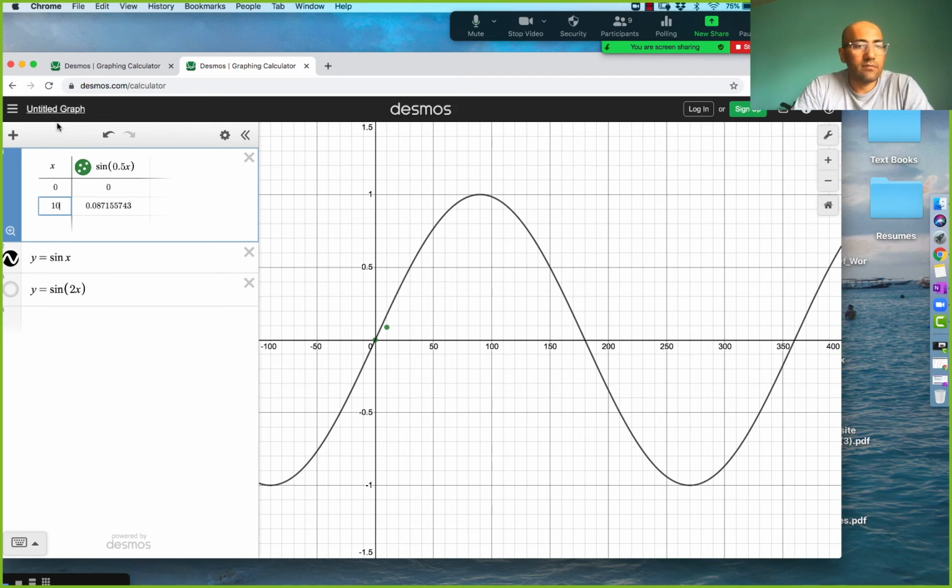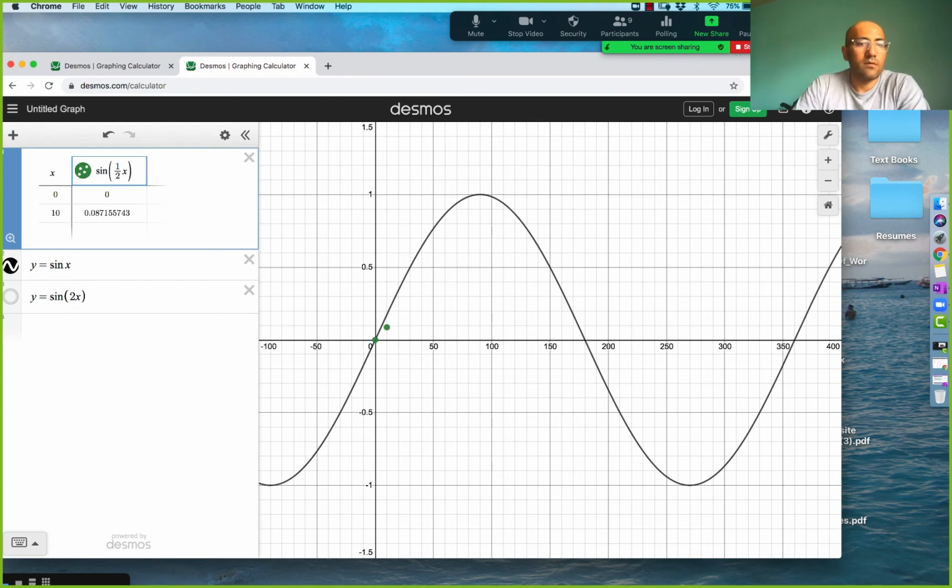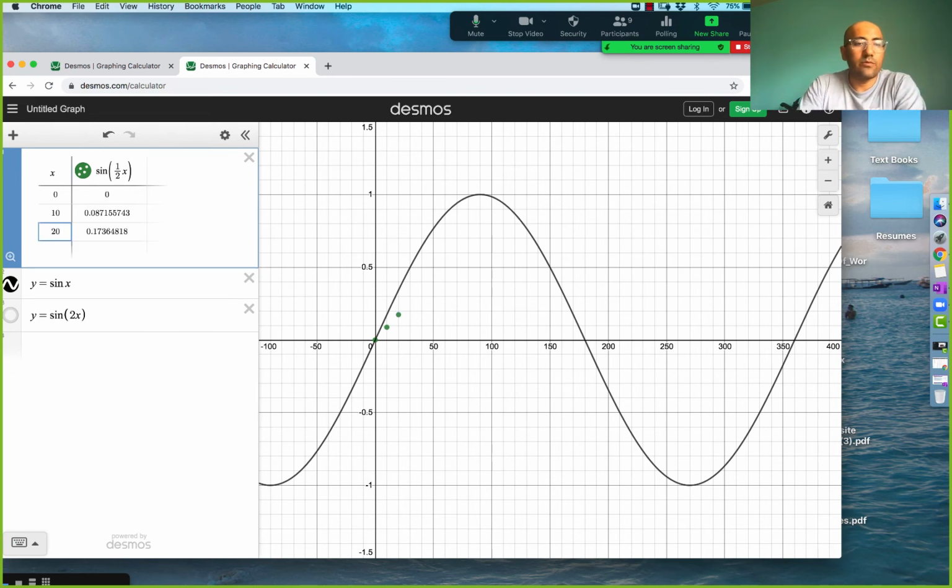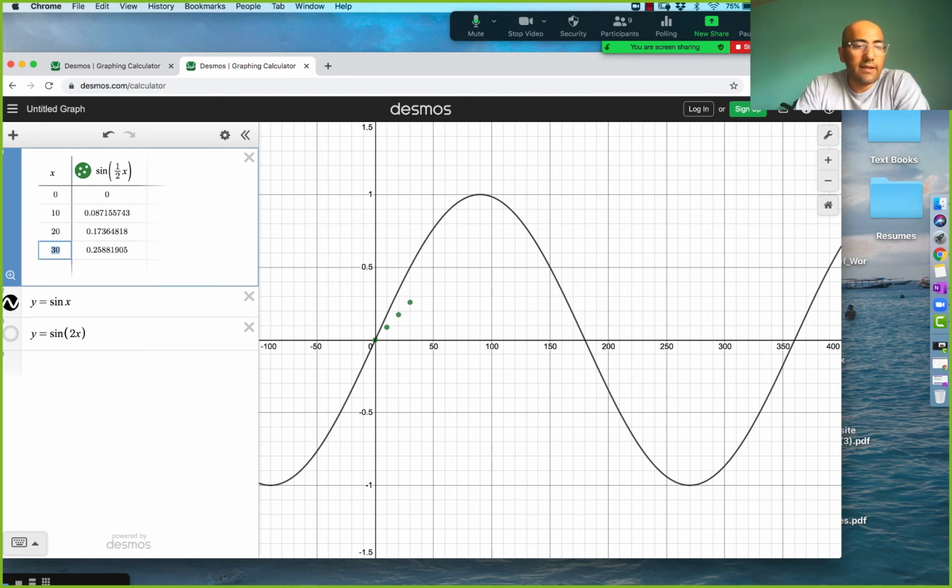Because it's half. I plug in 10, but really I'm going to get sine of 5 degrees. Then I plug in 20, but really I'm going to get sine of 10. And then I plug in 30, but really I'm going to get sine of 15.